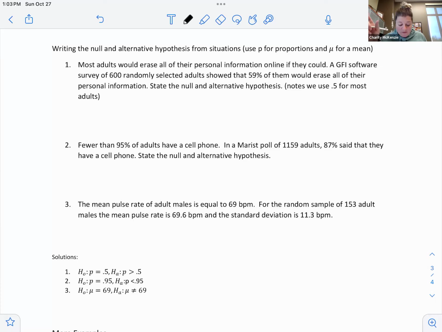So first of all, we want to label H0 for our null and HA for our alternative. Looking at this problem, am I saying so many out of so many, or a percent of people, or am I giving a mean? We are given a percent, or so many out of so many.